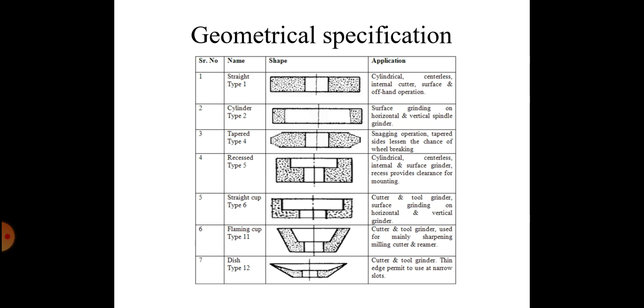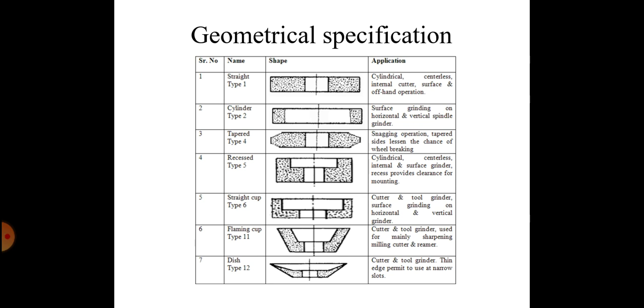Next is the flaring cup. This type of grinding wheel is used in cutter and tool grinders, mainly for sharpening milling cutters and reamers. For sharpening milling cutters, this flaring cup type grinding wheel is used.